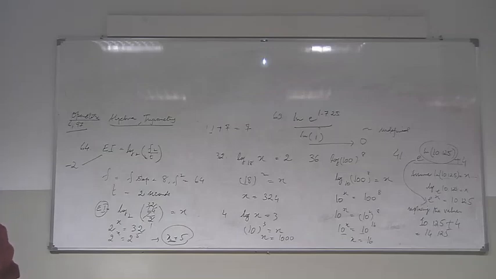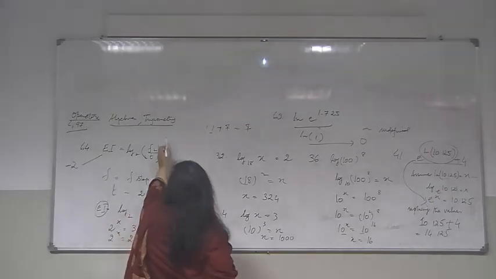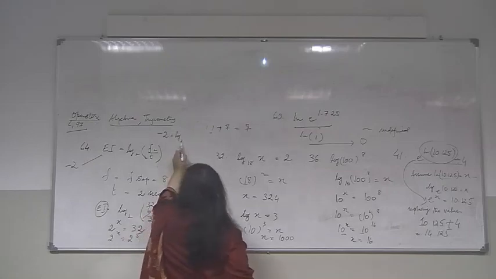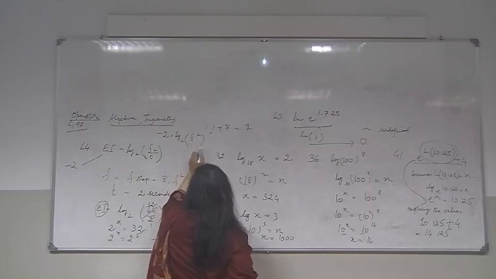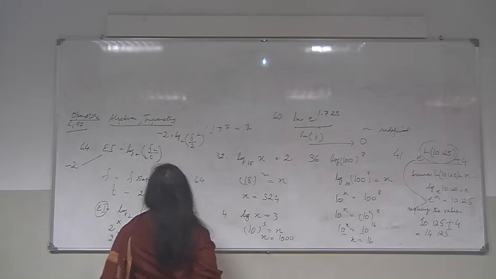So it's just going to be something like -2 is equal to log to the base of 2, and then you're going to have f squared over T, which is already 2.